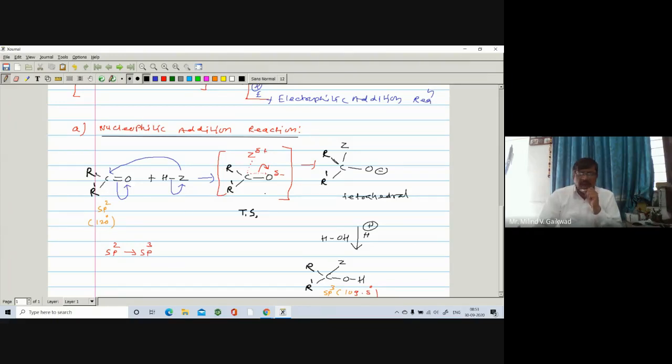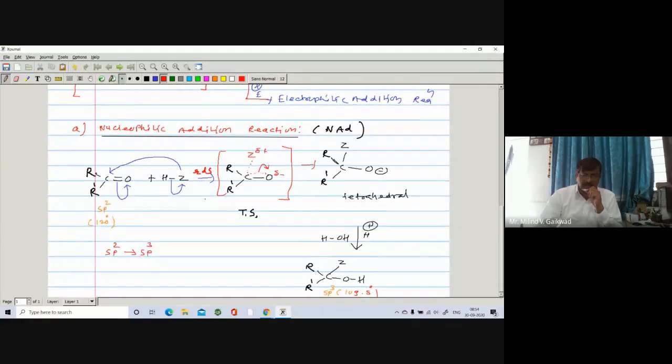So this is the nucleophilic addition mechanism. As the nucleophile attacks first, it is the nucleophilic addition mechanism. In this case, the first step is a slow step, the RDS step.